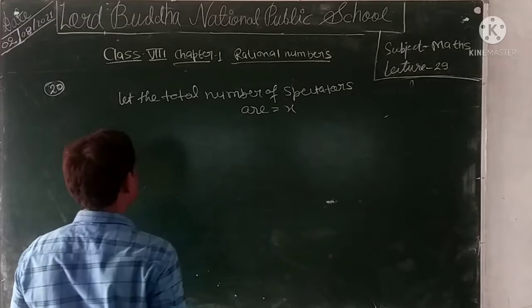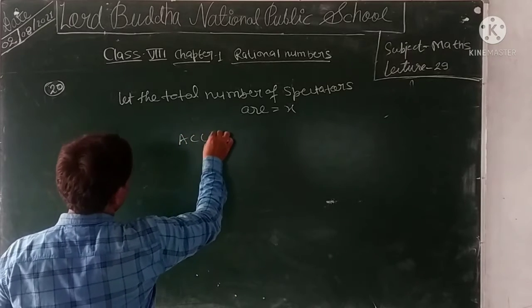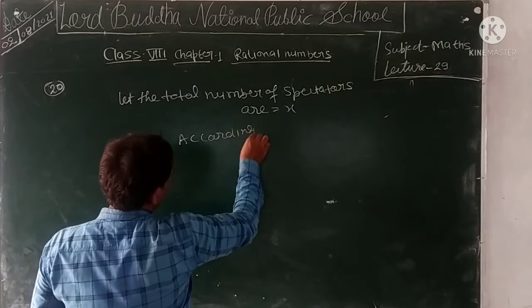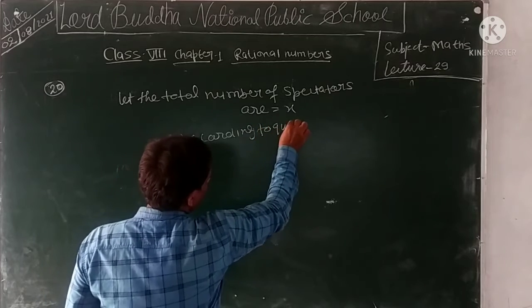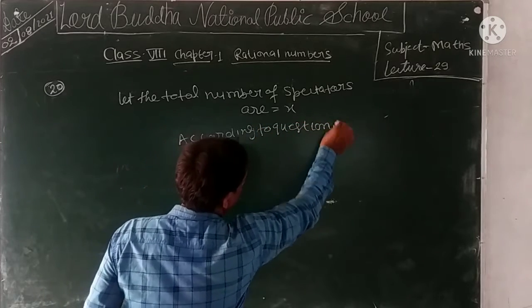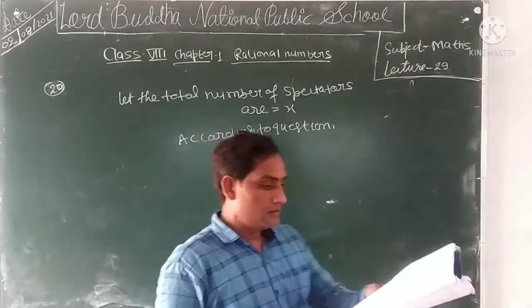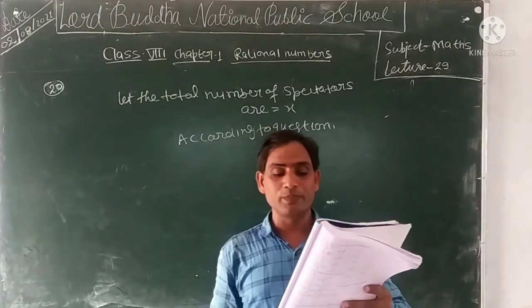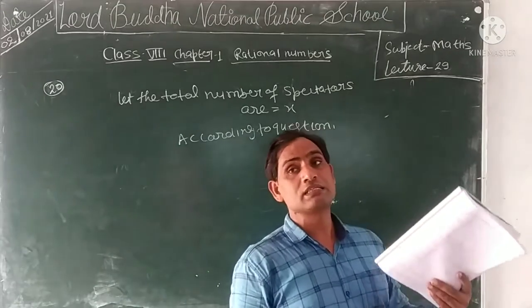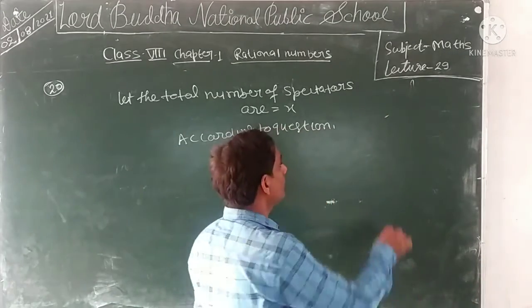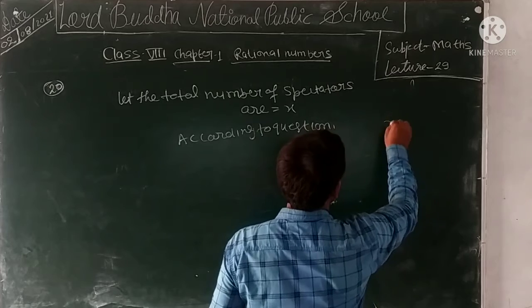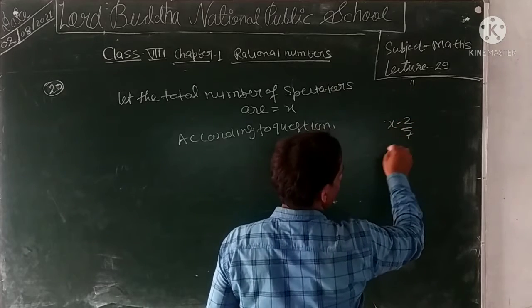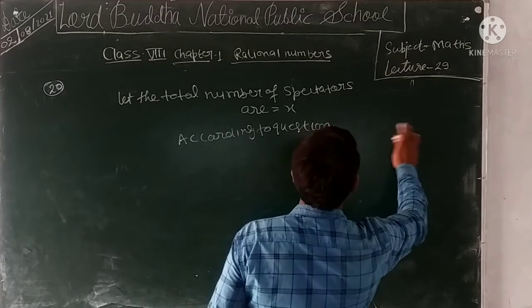X. According to the question, the question says that 2/7 of spectators were in covered place. If 2/7 in covered place, the number of spectators in open place what will it be? X minus 2/7. Okay.